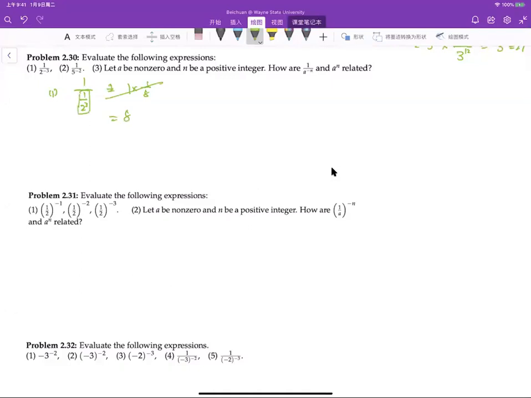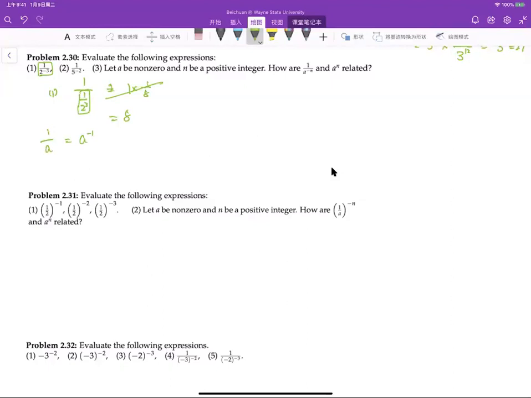Actually, you can think about it in this way. Whenever you take a reciprocal, that's equivalent to raising to a -1 exponent. So 1 over a is always equal to a to the negative first. This is similar to negation: whenever you take the negation, that's equivalent to multiplying by -1. So whenever you take the reciprocal, that's equivalent to raising to the -1 exponent.